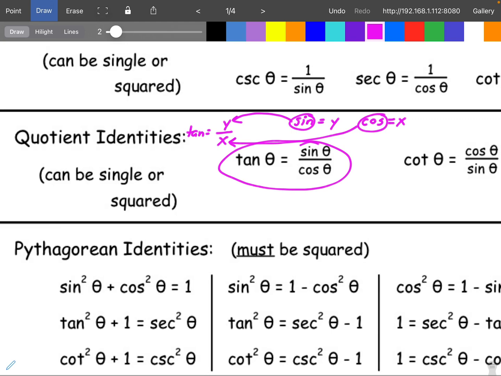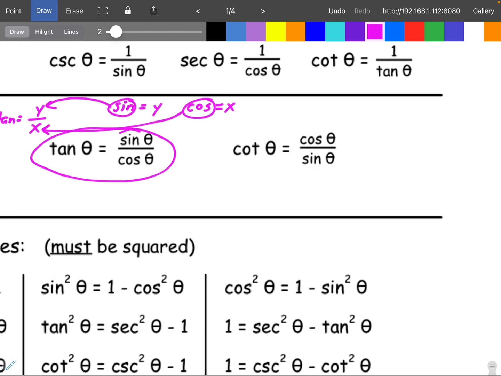Now you always want to make sure that you include the theta because we're talking about tangent, sine, cosine, whatever, of a specific angle. That angle is not stated, but it's represented by that theta. So don't simplify and just use tangent, sine, cosine. Always write it as tangent theta, sine theta, cosine theta, or whatever. All right, then we also have cotangent.